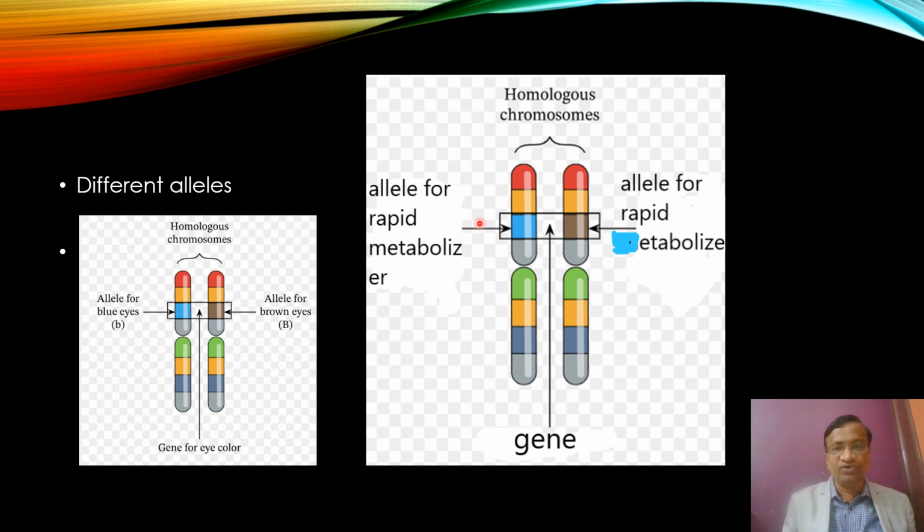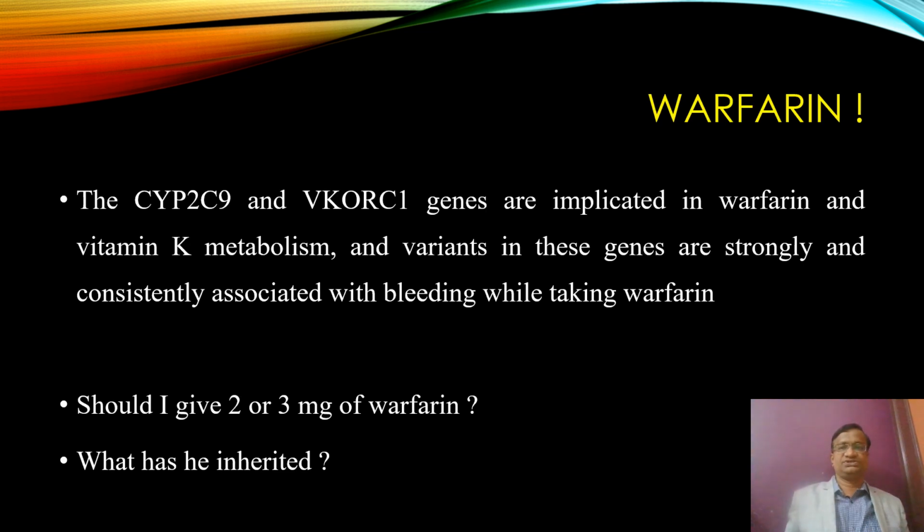Similarly, here is the allele for a rapid metabolizer. This is blue, this is brown. If the alleles are different, then which is dominant is determined. Again, this is also blue. Both are rapid, so definitely he will be a rapid metabolizer. That is what is called an allele and homologous chromosomes.